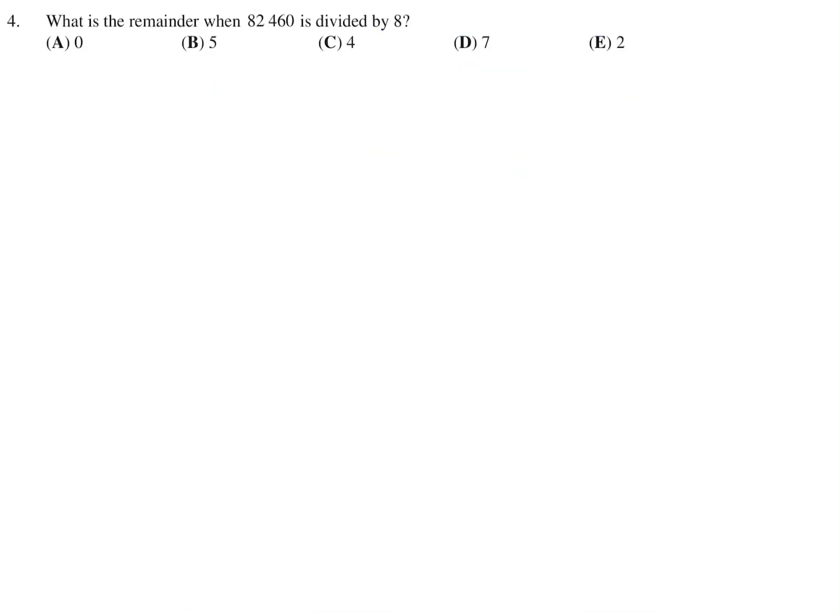What is the remainder when 82,460 is divided by 8? So 82,460 divided by 8 is equal to 10,307.5.